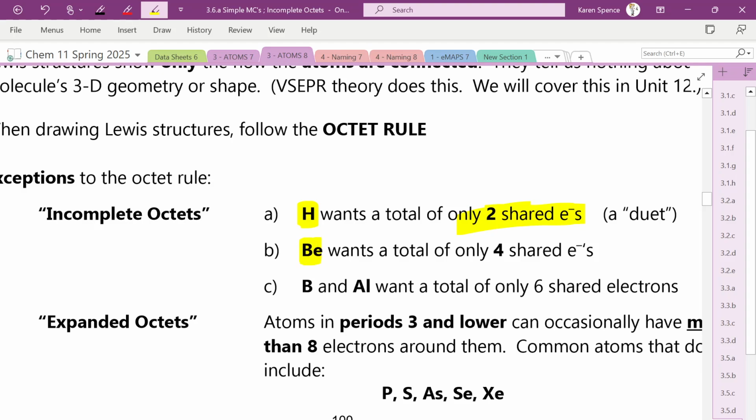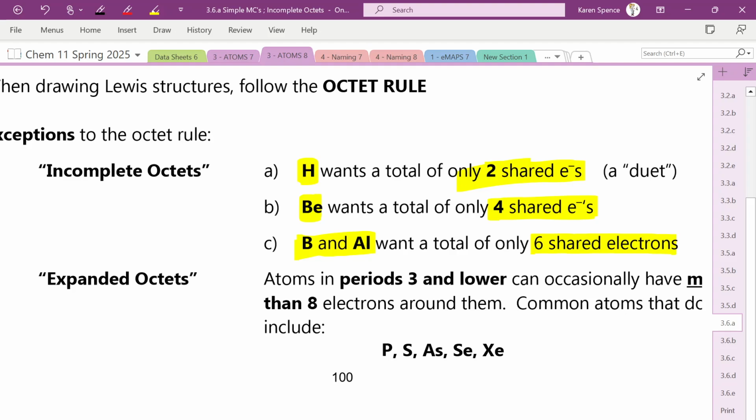Beryllium wants only 4, which is kind of weird. Boron and aluminum want 6. I'll show you tomorrow. There's a way of remembering these.